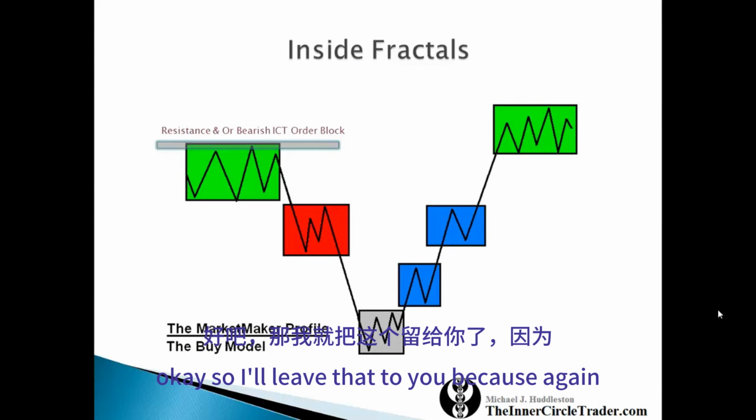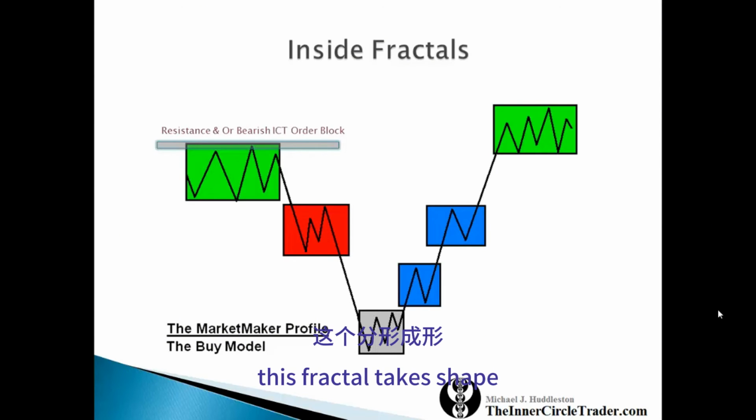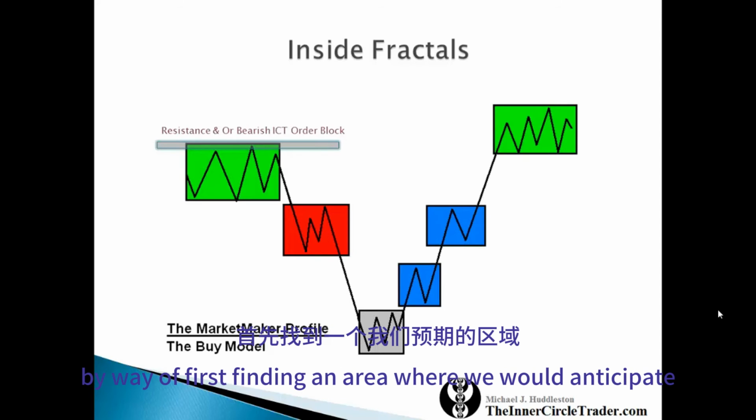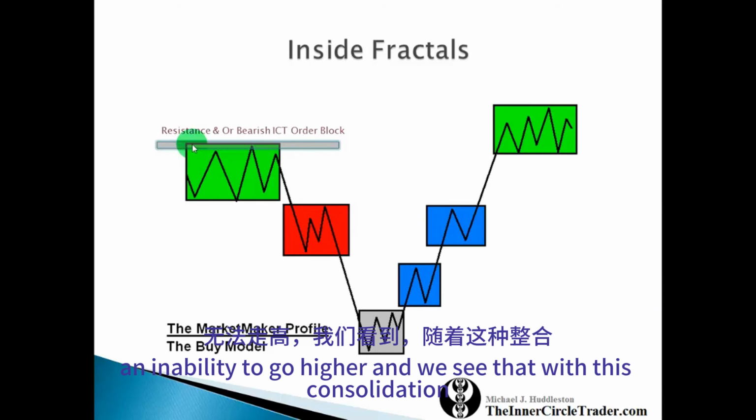I'll leave that to you, because again, this fractal takes shape by way of first finding an area where we would anticipate an inability to go higher, and we see that with this consolidation.